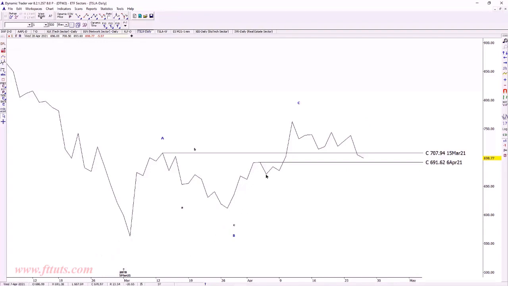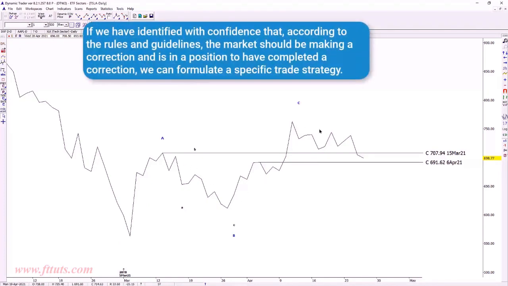So it's making a correction because we've had three distinct sections up, and then we've come down and closed into the closing range of the first section. So that itself indicates that this is making a correction and not an impulsive bull trend that's going to continue to a new high.